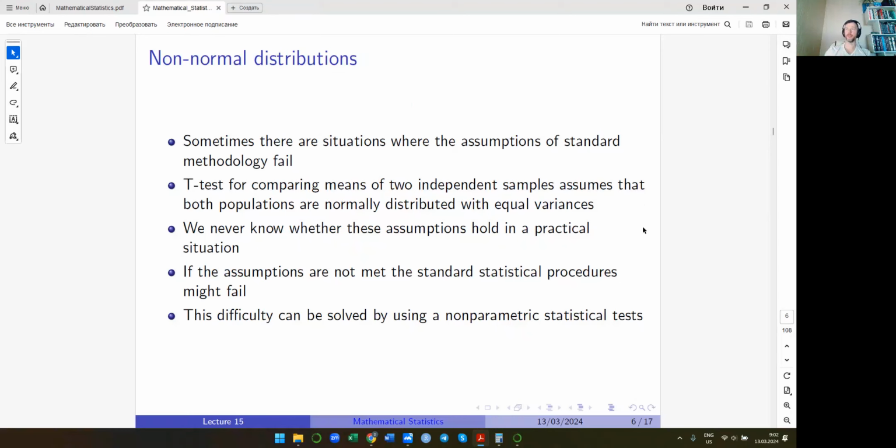And in the majority of cases, when there are no strong doubts about the assumptions of normality, we are fine with applying those tests. They will work. But sometimes, when samples are small, or when you have enough evidence that the underlying distribution is not normal, it is better to verify your results of the previous tests with non-parametric tests.